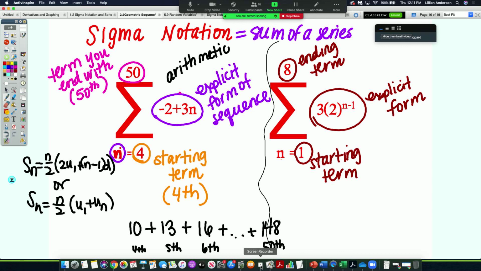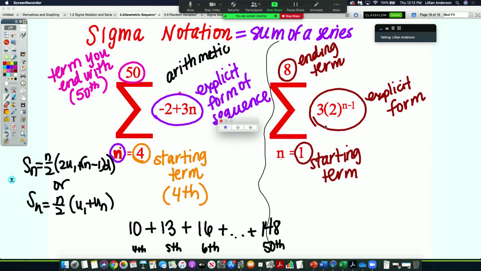You would have to actually count the 4th term and the 50th term, right? Exactly. Yes. Not 48. It would be 47. So my number of terms here would be 47.